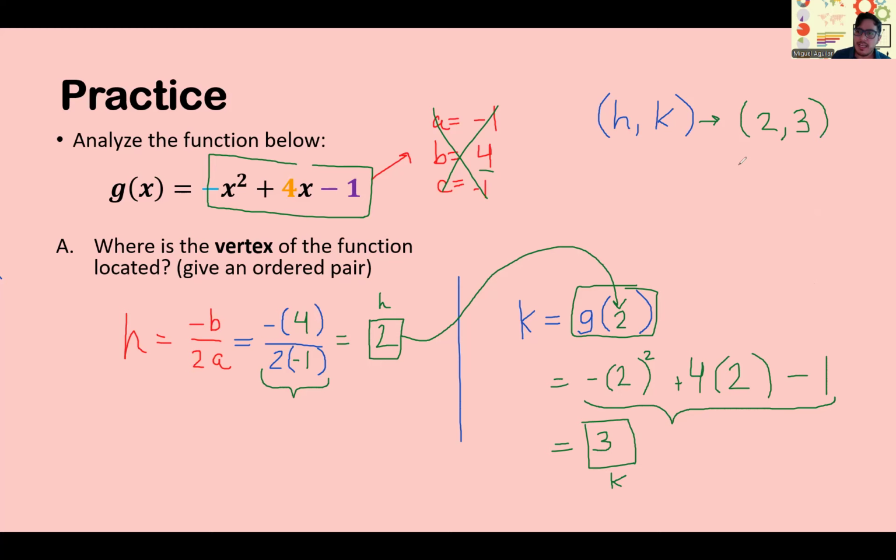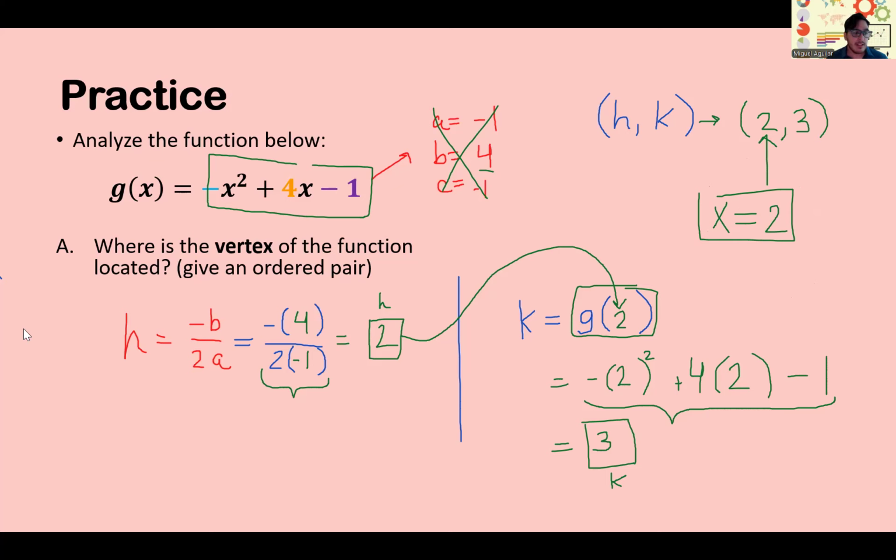Okay. And the axis of symmetry is what? X is equal to 2. 2, right? Because it's just the first coordinate of your vertex. So once you have your vertex, you know what the axis of symmetry is, okay?